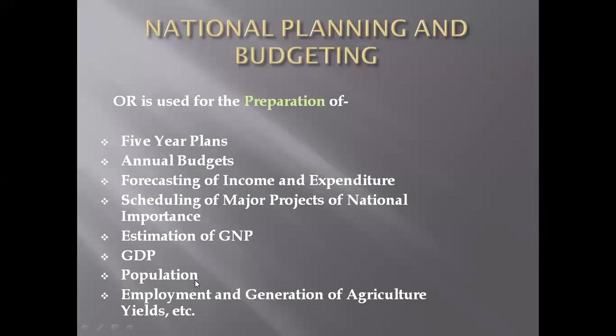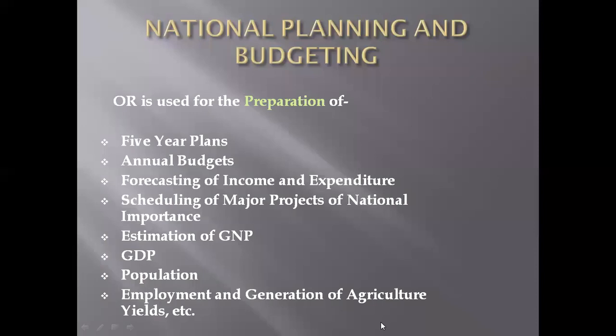And next one is population. How much the population is increasing year by year will be calculated, and depending upon the population increment, whether the balancing aspect, that is, GNP or GDP relative to the existing population, is increasing or decreasing has to be analyzed. Next one is employment.